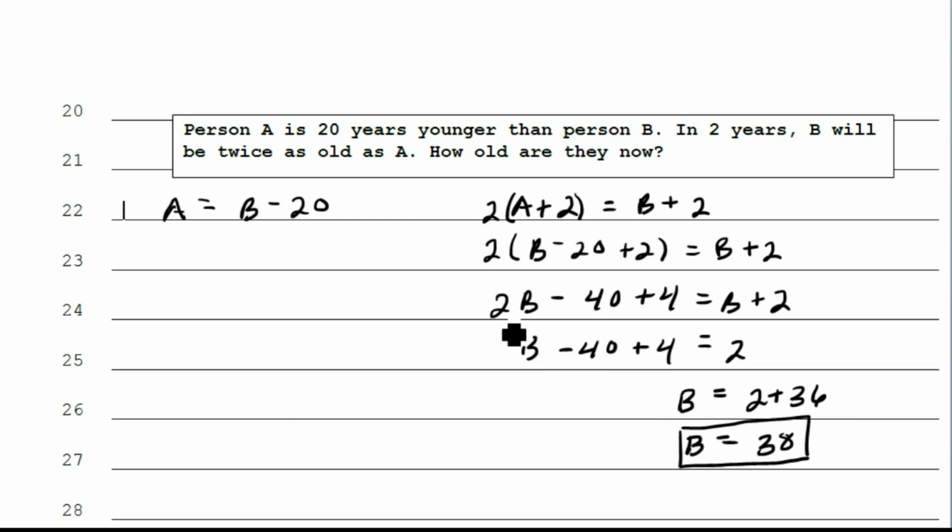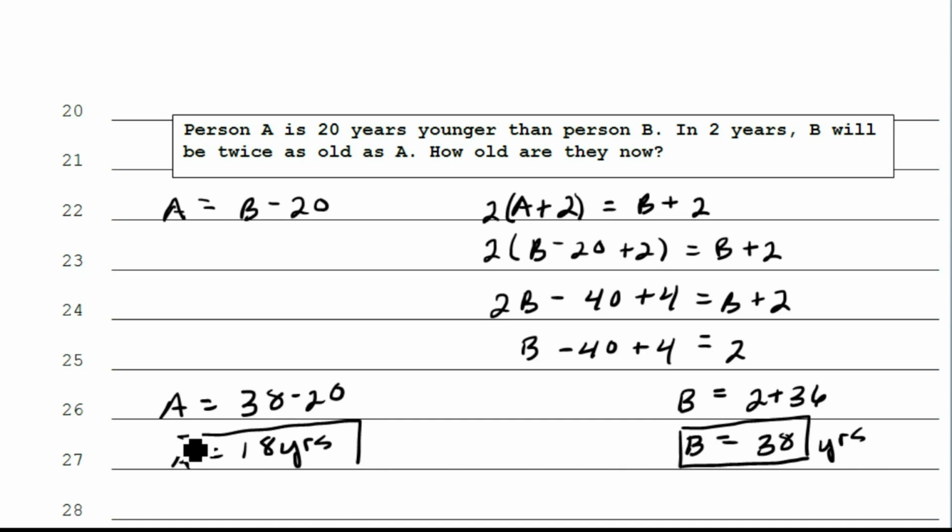Right now, b is 38, and you can find the age of a by just substituting 38 for b. 38 minus 20, a equals 18 years. So a is 18 years now, and b is 38 years. In 2 years, it will be 20 and 40, and b will be twice as old as a.